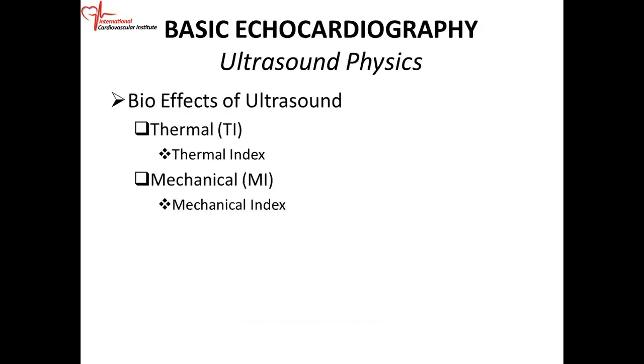So we talk about overall gain, which increases the brightness, and then TGC just increases the gain to those areas that you have more attenuation. So it's depth. The more depth, the more attenuation, and you can increase the gain by using a TGC.